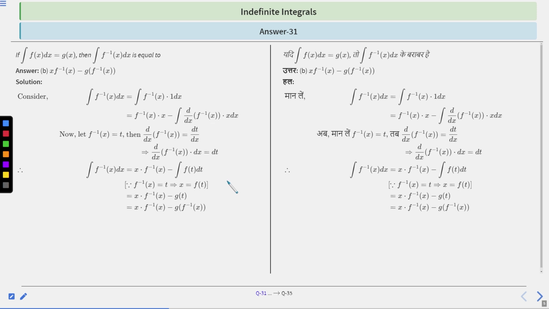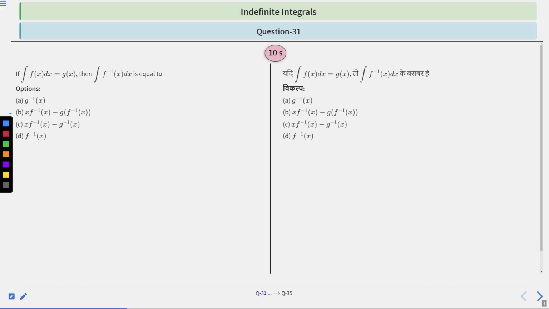So finally, it will be x into f inverse x minus g(t), which is x into f inverse x minus g of f inverse x, because t is f inverse x. Therefore, the final answer will be x into f inverse x minus g of f inverse x. Clear? So I think option B is the right choice. Clear?